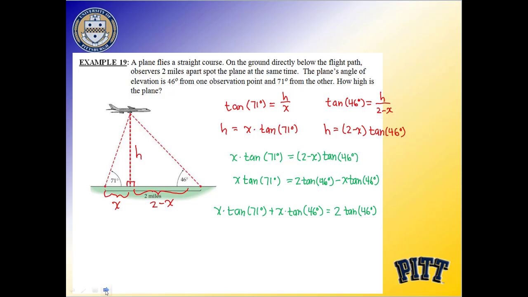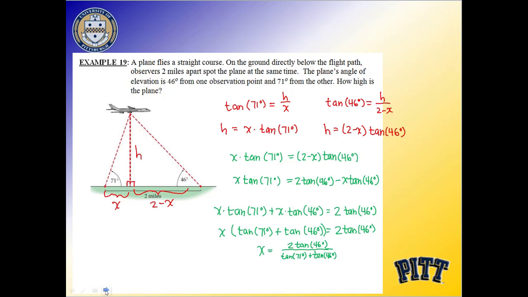So in order for me to isolate x on one side of the equation, I'm going to factor it out and have on the left hand side x times the quantity of the tangent of 71 degrees plus the tangent of 46 degrees. All that's going to equal 2 times the tangent of 46 degrees, which means that x is going to be 2 times the tangent of 46 degrees all over the sum of the tangent of 71 degrees and the tangent of 46 degrees.